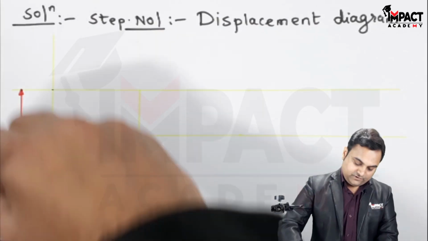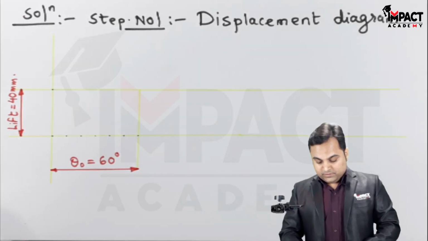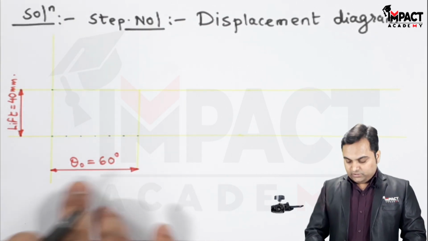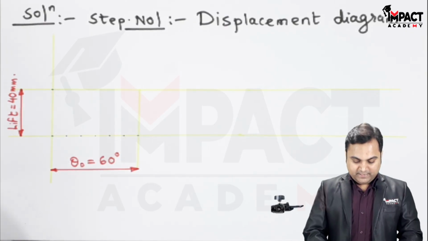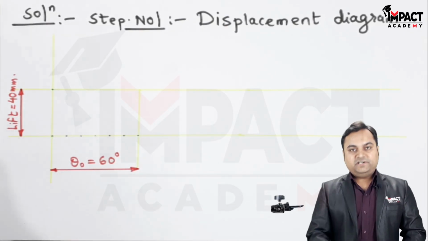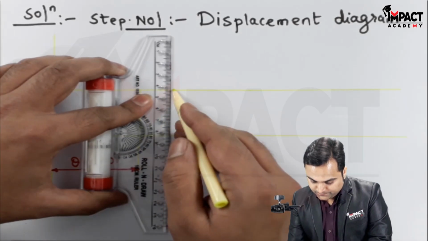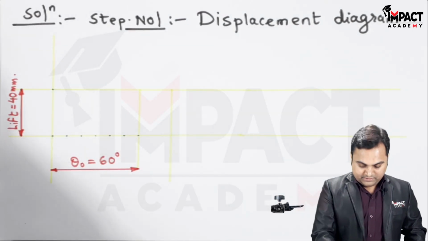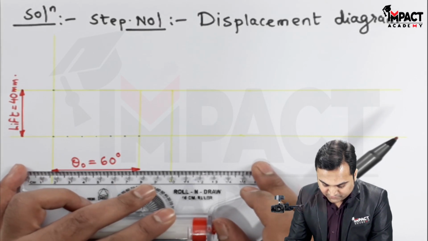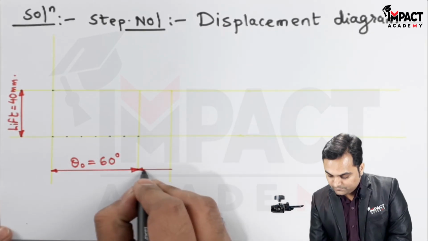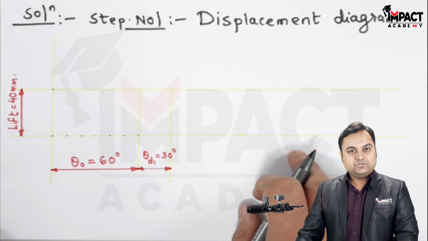And this is the lift, 40 mm given. Then after mentioning the outstroke, there is dwell period for 30 degree. And during dwell, we don't have to divide it into equal parts because the follower remains at the same position. So I have taken an approximate distance for the dwell. After dwell, there is return stroke of 60 degrees.